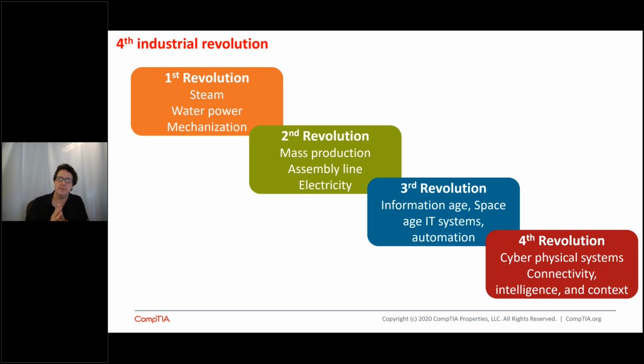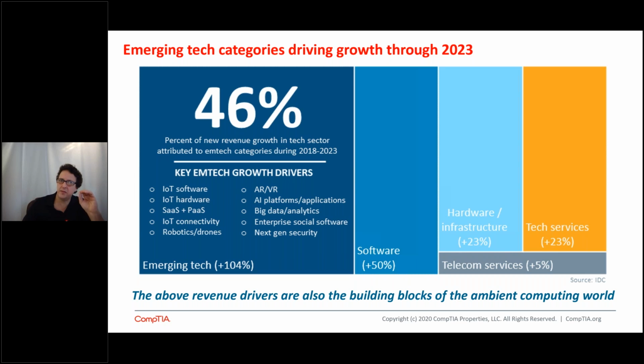Intelligence gets applied to it, and context, business, data analytics all gets applied to you. Why is this important to cybersecurity? Well, first of all, we're finding in our research that emerging tech is driving growth through not only 2023, but in the near future.